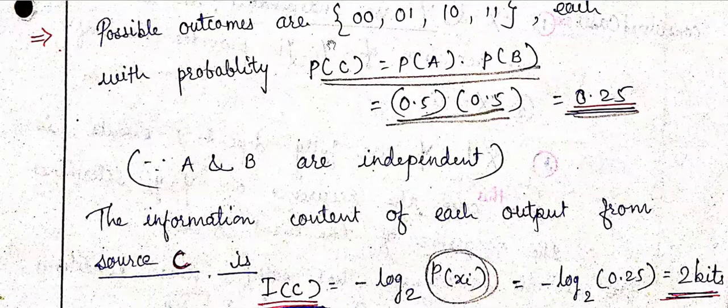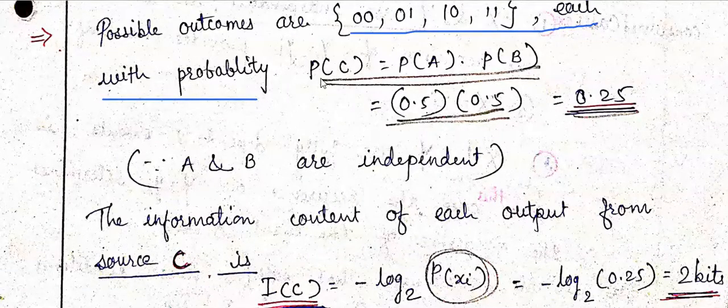That will be done like this. Possible outcomes are 00, 01, 10 and 11, as we discussed in the earlier example, with probability P of C equal to P of A into P of B, since both are independent. The probability of source A is 0.5, the probability of source B is 0.5.